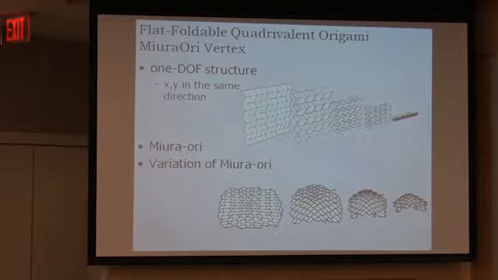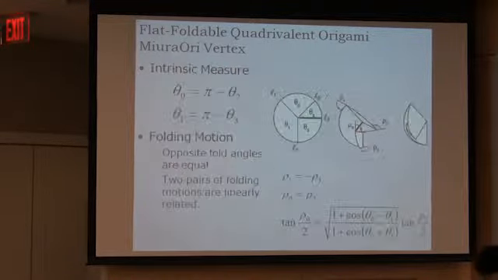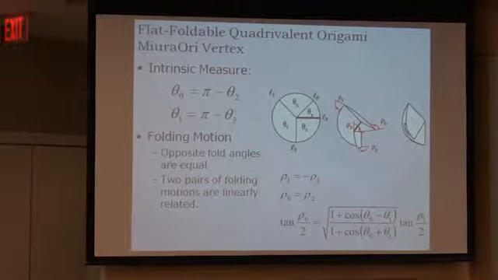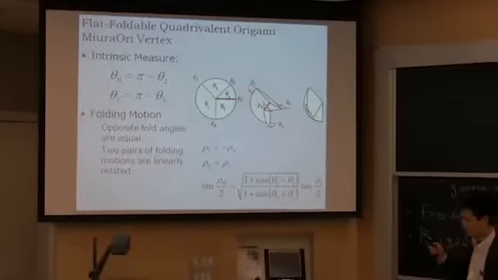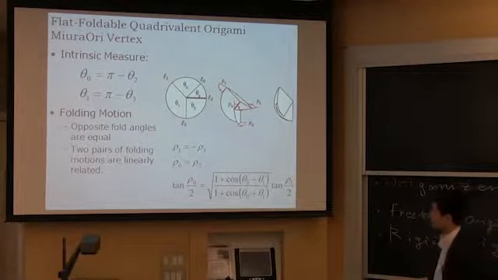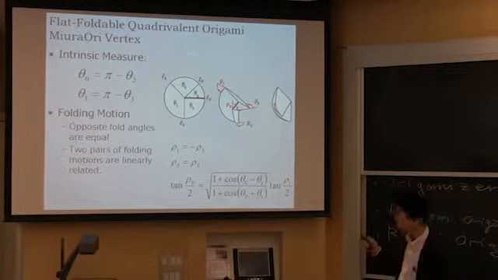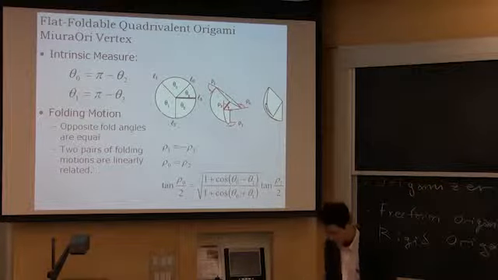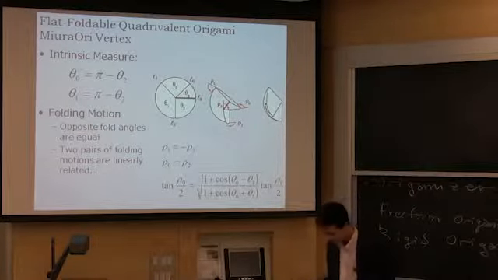So Miura-ori is something like that, and we can extract the property of rigid folding by looking at these vertices.